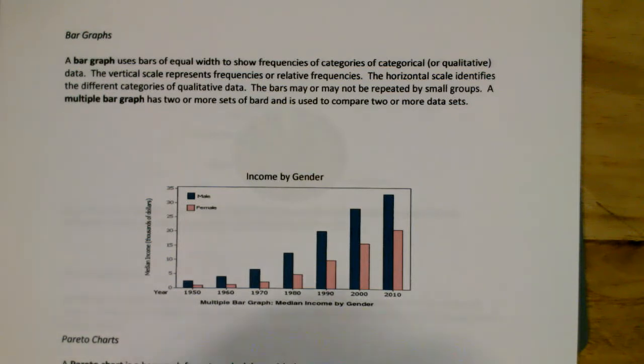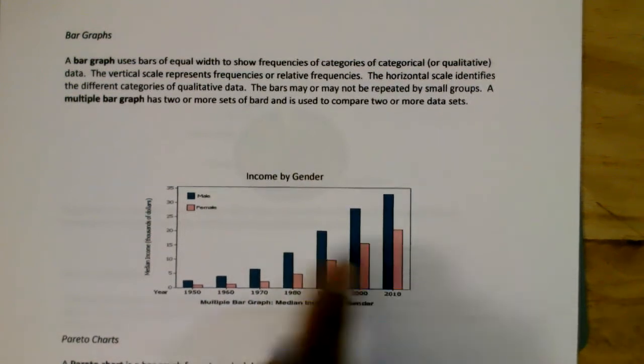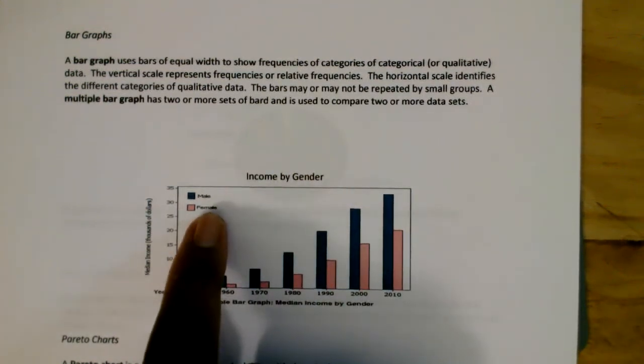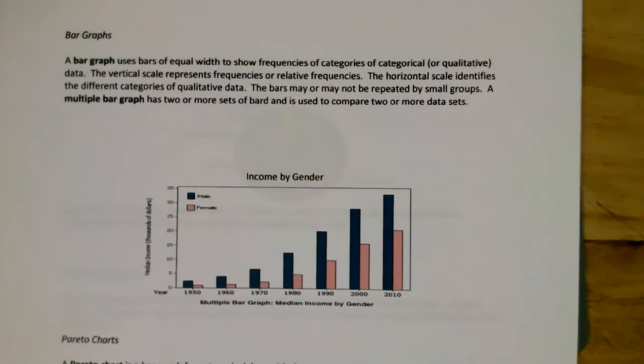So like in this case here, in this multiple bar graph, the dark blue represents the male, the pink represents the female. And this deals with the median income by gender. Okay, so that's what a bar graph looks like.